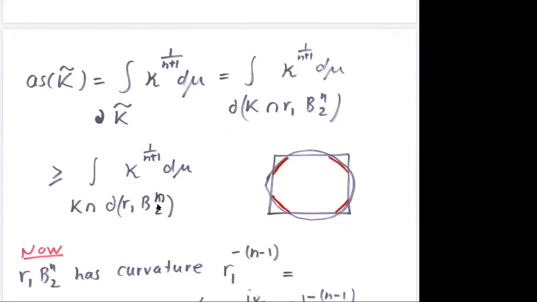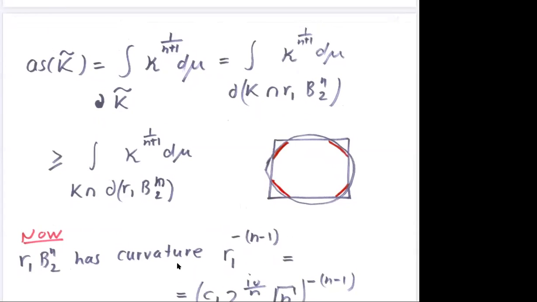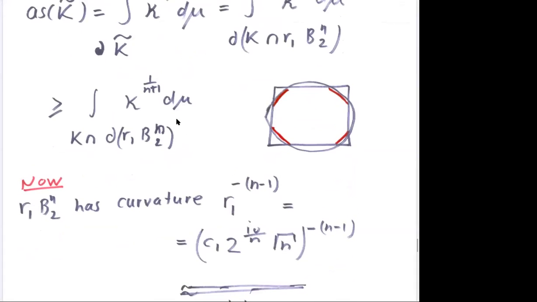And there we know what the Gauss curvature is. The Gauss curvature is nothing else but R1 to the minus n plus 1. So because we know what R1 is, it's C1 2 to the i0 over n root n, and this to the minus n minus 1. So that is our R1.